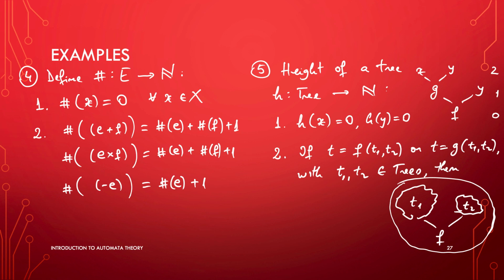And so this is going to be defined like this. The height of f(t1, t2) is going to be, now obviously 1 plus, and we have to see 1 plus what. It's something in terms of the height of t1 and the height of t2. And the one that has a higher height is going to contribute to the height of f.